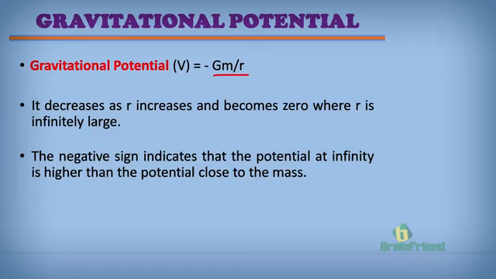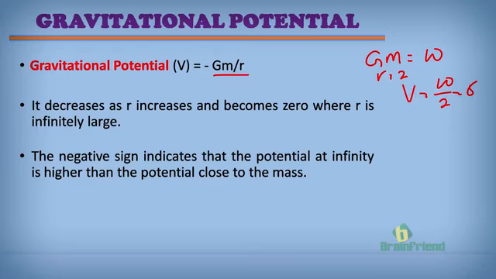It decreases as R increases and becomes 0 where R is infinitely large. Why? Because R is acting as the denominator. When the R is large, the value of the gravitational potential reduces. For instance, if Gm is equal to 10 per se, and our R is equal to 2, the gravitational potential V will give us 10 over 2, which is what? 5.